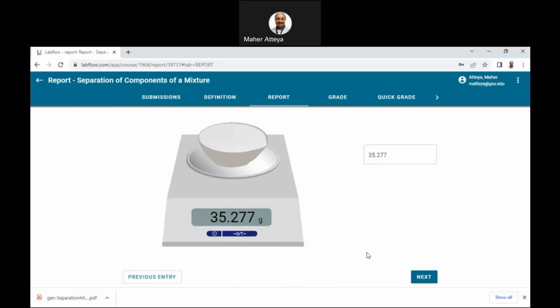Because it's empty, I'm putting 35.277, and I'll take this one here and take a snapshot of the whole thing. As you see here, copy, and then I'm pasting the whole thing. It's pasted. So this is the second crucible.